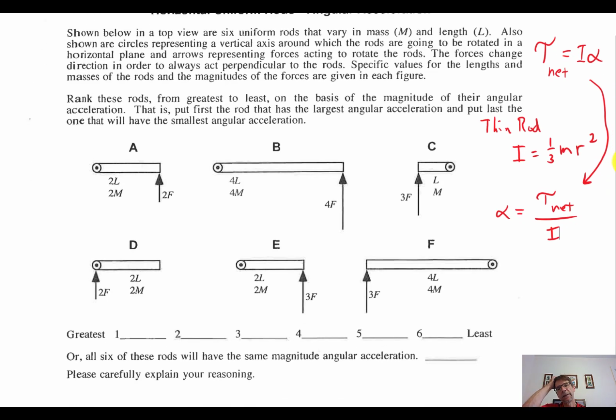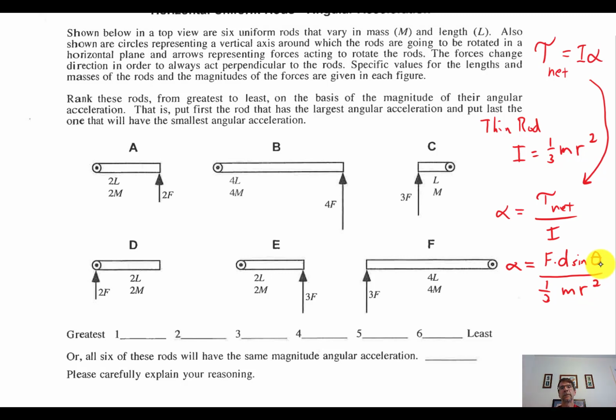Okay, and torque is force times distance times the sine of the angle. So I'm doing a lot of review here. Torque was in unit 9. It's force times distance times the sine of the angle, theta. Let me plug everything in, over 1/3 mr squared.